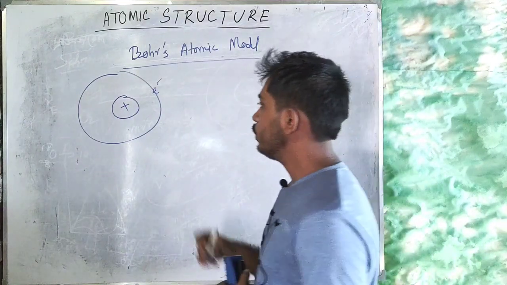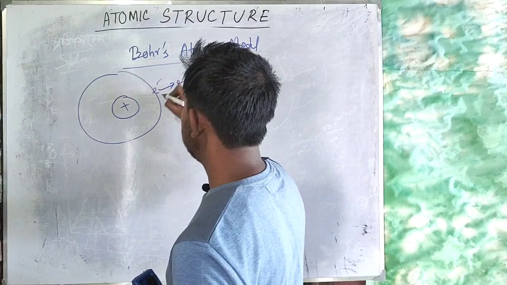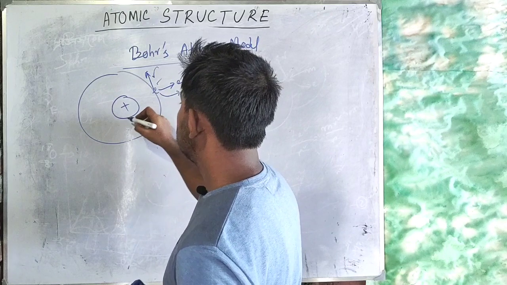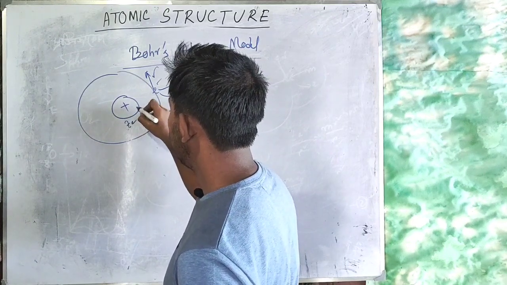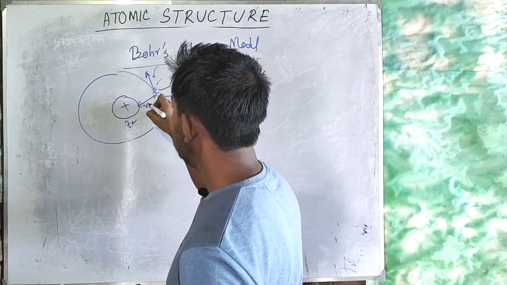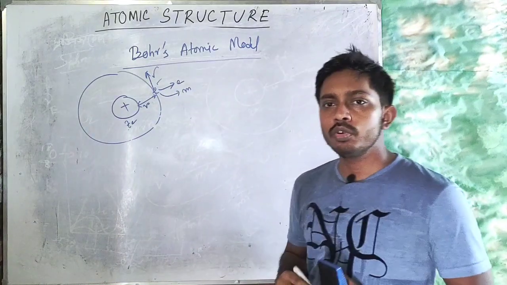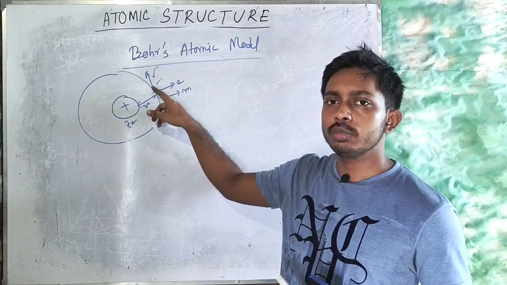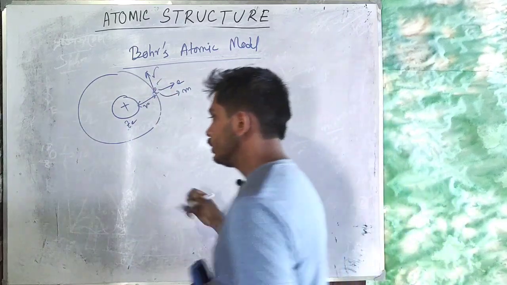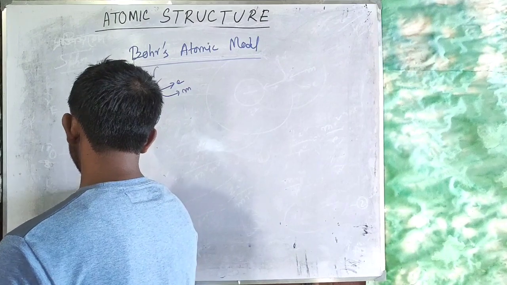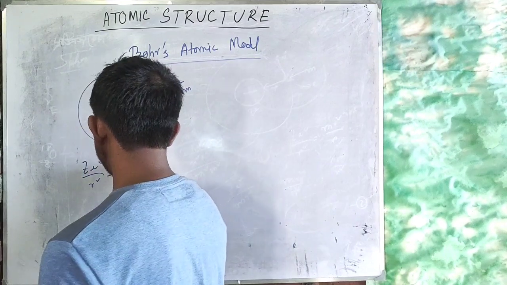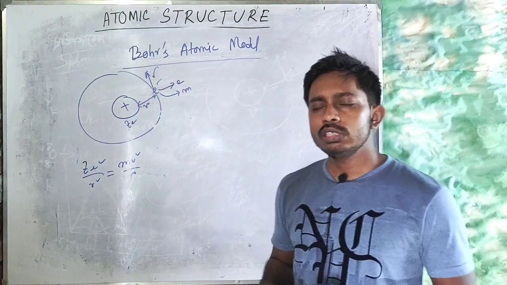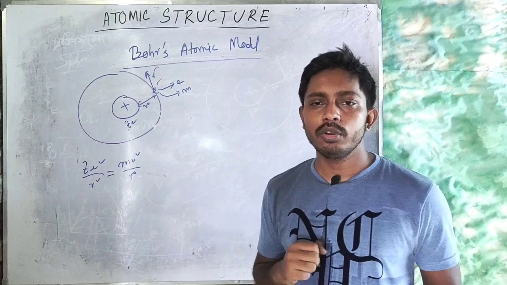While rotating, if the charge of an electron is e, mass of an electron is m, the velocity of the electron is v, the total charge of the nucleus is Ze, and the radius of an orbit is r, then the Coulombic attraction force between the nucleus and the electron will be exactly equal to the centrifugal force of the electron while rotating. That is, Ze² divided by r² will be equal to mv² by r, which was also the concept of Rutherford's atomic model.